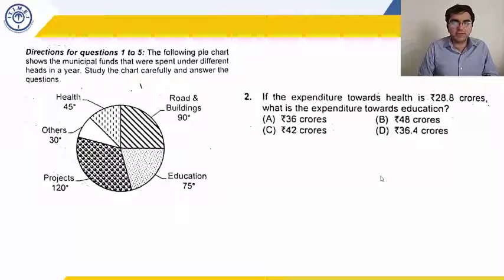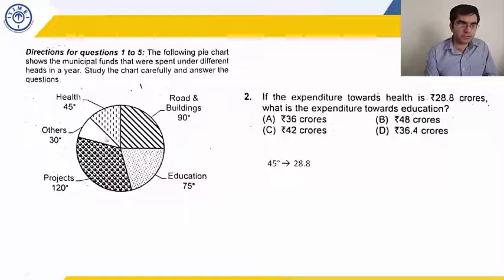Expenditure towards health is 28.8 crores. What is health? Health corresponds to 45 degrees. So 45 degrees in the pie chart corresponds to a cost of 28.8 CR. Then what is expenditure towards education? 75 degrees. So it says that 45 degrees is 28.8 CR, find 75 degrees.